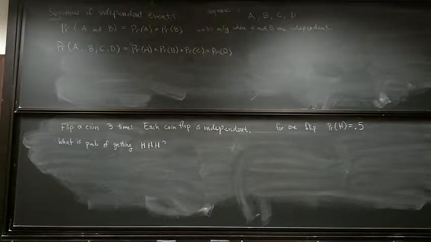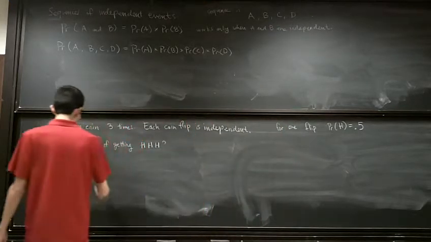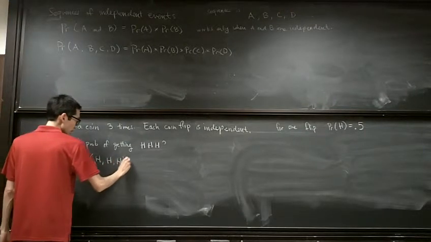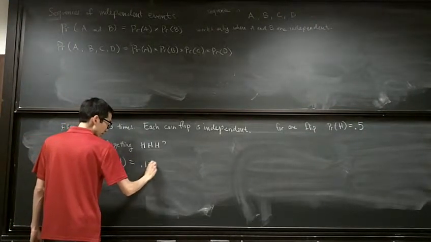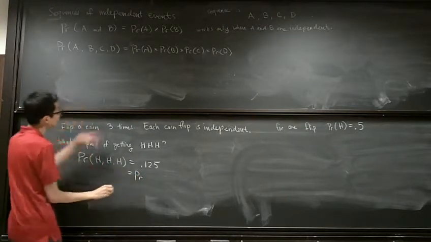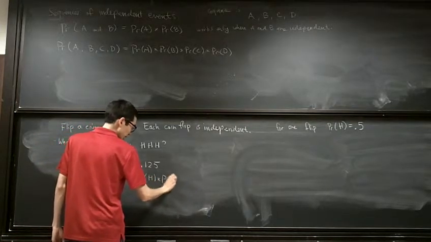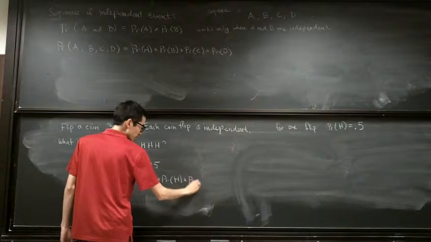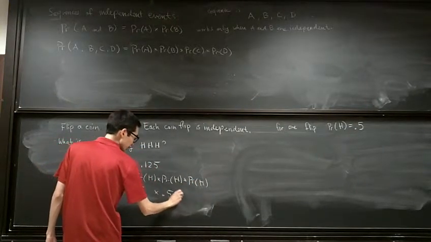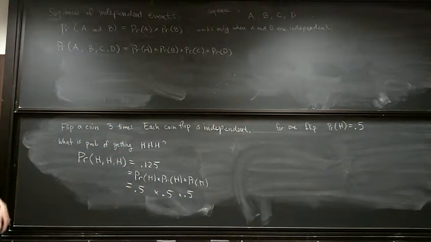So what's the probability of getting heads, heads, heads? 0.125, exactly. So the probability of heads, heads, heads is equal to 0.125. Now how did we get that? Just like we have up here, it's the probability of heads times the probability of heads times the probability of heads: 0.5 times 0.5 times 0.5, which gives us 0.125.